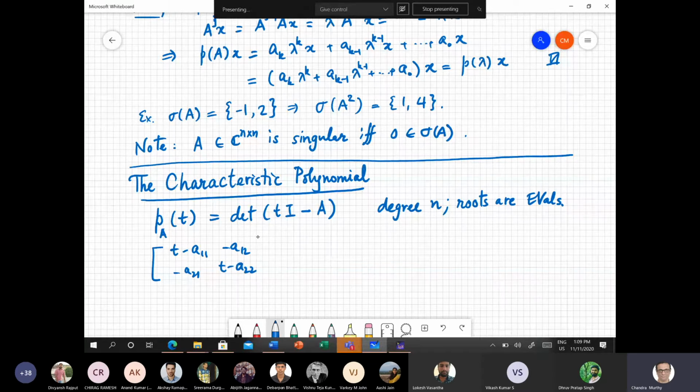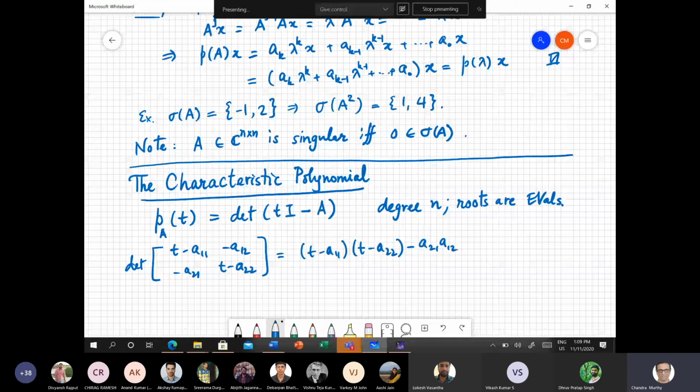If I take this determinant, it will be equal to (t minus a11)(t minus a22) minus a21 a12. And so you can see that this is a quadratic polynomial. So in the n cross n case, by similarly writing it out, you will see that it has to be a polynomial of degree n. The coefficient of t^n is always 1, so when I take the determinant of this, I cannot suddenly get a polynomial whose degree is n minus 1. It will always be of degree n.